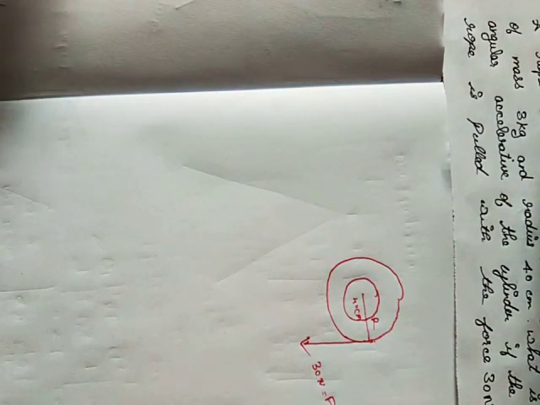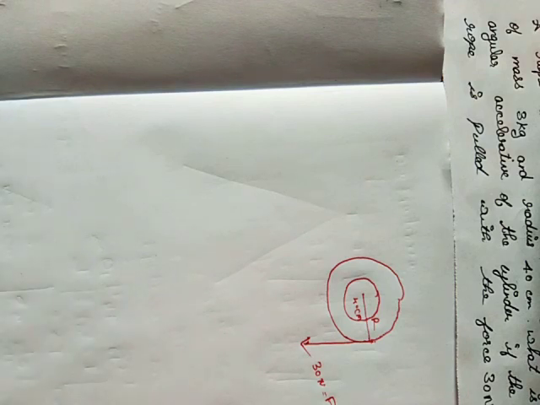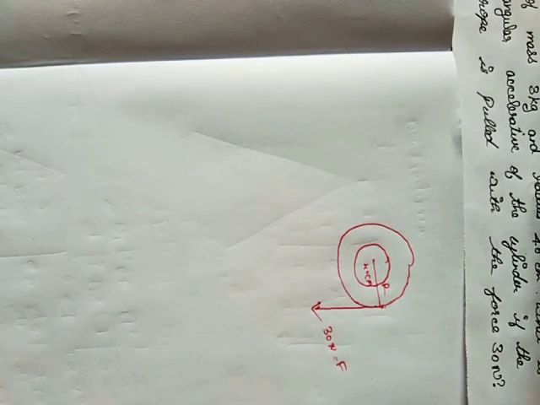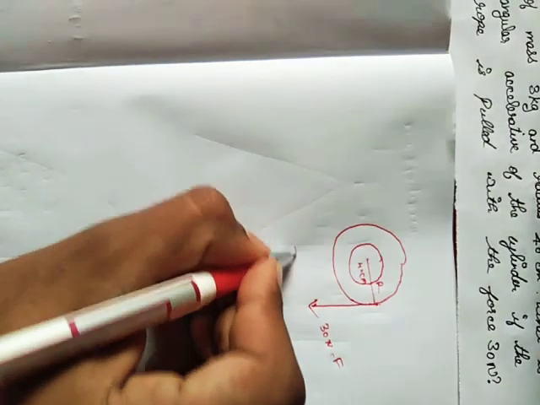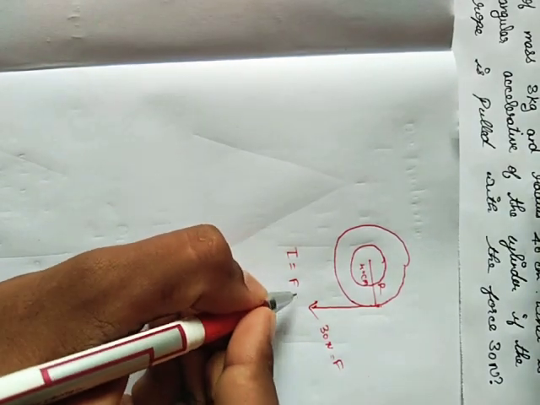In the previous question we didn't give any numerical values, they only asked for angular acceleration. But in this case we are given numerical values for R and M, and they asked us to find the angular acceleration. Same as before, torque equals F into R sine theta.